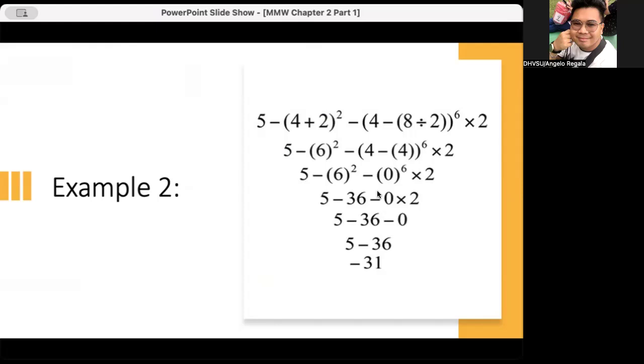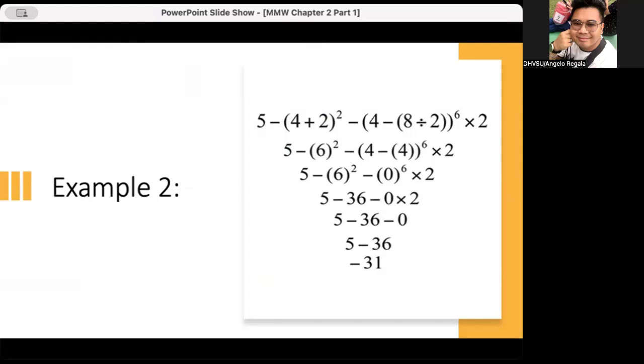If you multiply 0 to itself 6 times, you would still get 0, times 2. Next we perform multiplication. We have 0 times 2. So that will become 0.